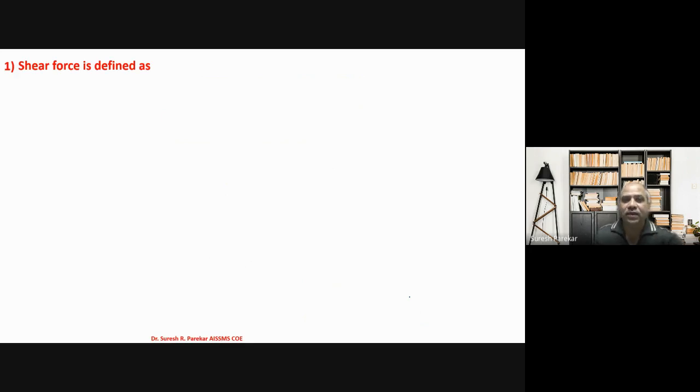Shear force is defined as... So we know shear force is the unbalanced force on the left or right of the section.